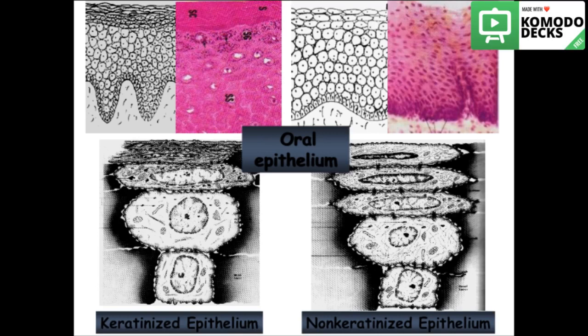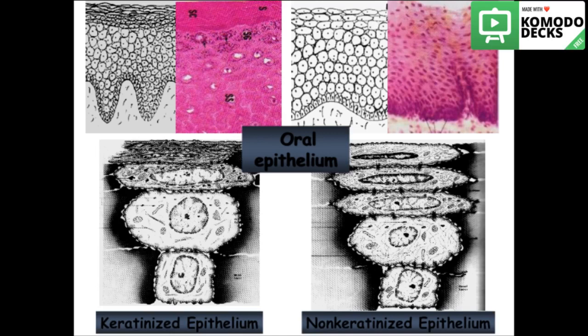The keratinized part has an uppermost layer of stratum corneum, which is a layer where we don't see any cells. The second layer is the stratum granulosum, which we see by the arrows contains granules of phospholipids primarily.